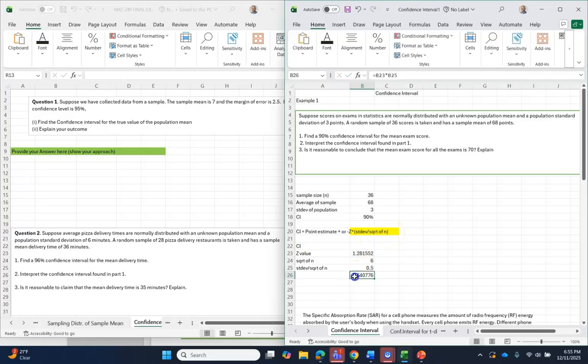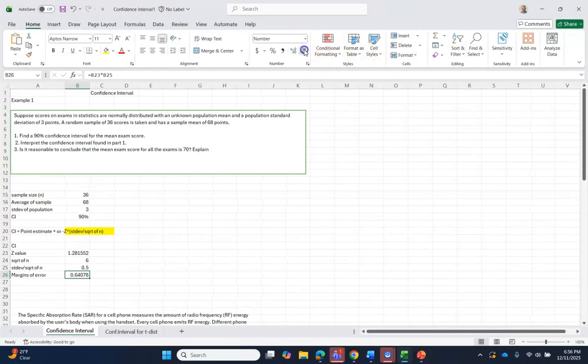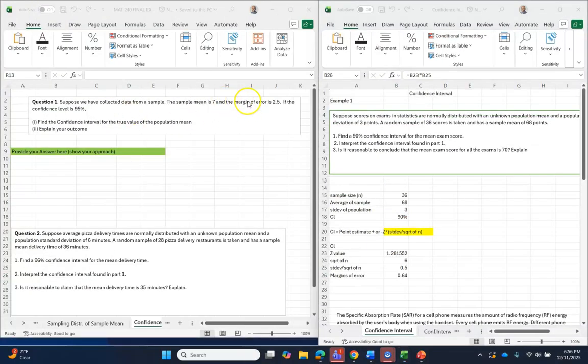So we have the margin of error, which will be 0.640776. We can bring this to 2 decimal points. So we have a margin of error of 0.64, which is different from what you have. The margin of error here is 2.5.